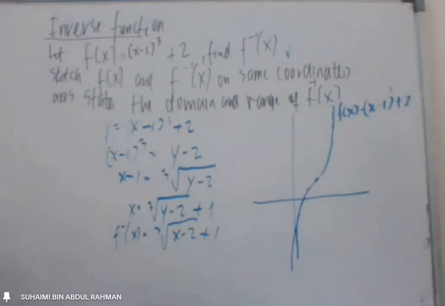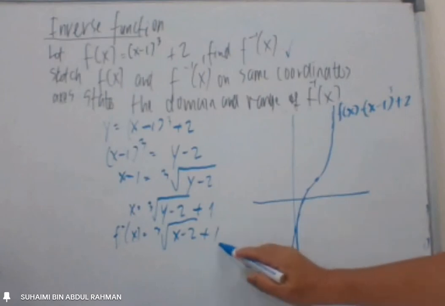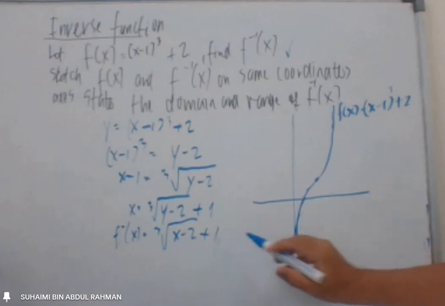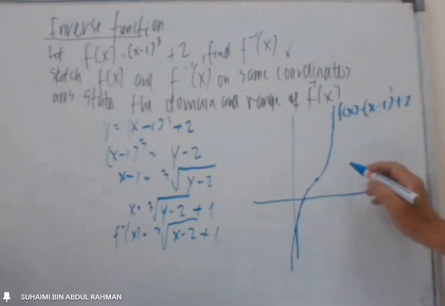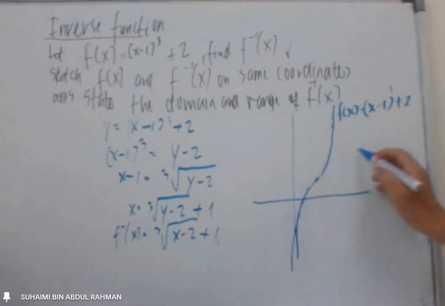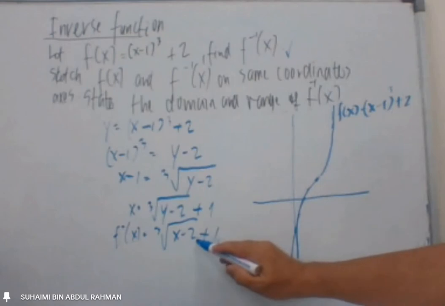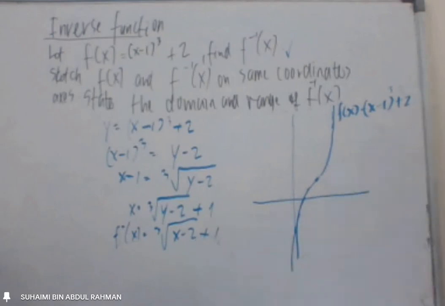Then when we sketch the inverse function, cubic, x minus 2, so go to the right 2 units and then shift up 1. So what do we have?